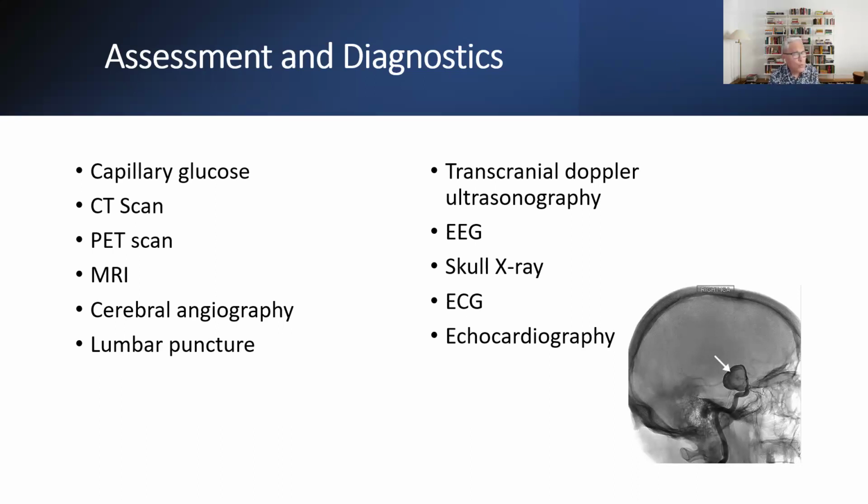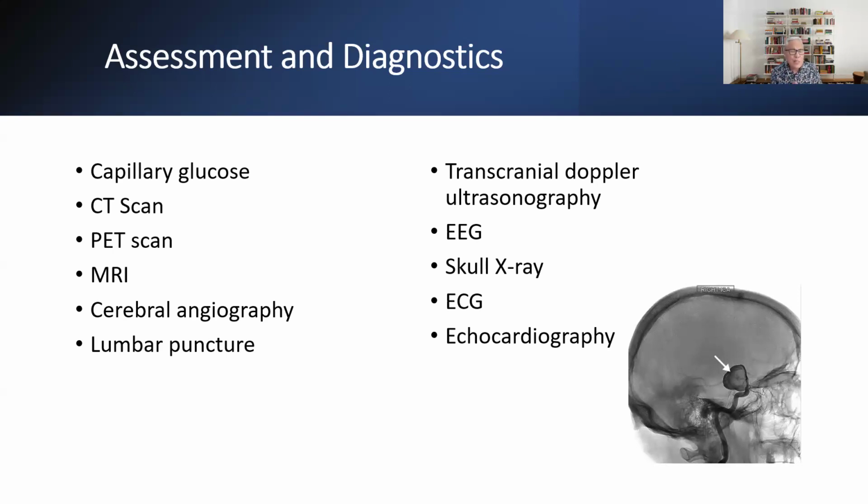Those would include your capillary glucose, because you remember that hypoglycemia can mimic the signs and symptoms of stroke. So sometimes we don't know if the patient is really having a stroke or just having a hypoglycemic attack. And that is why capillary glucose has got to be obtained right away.